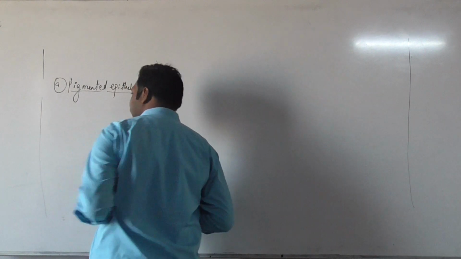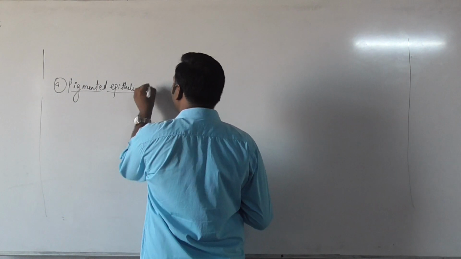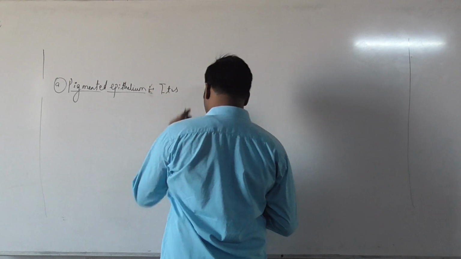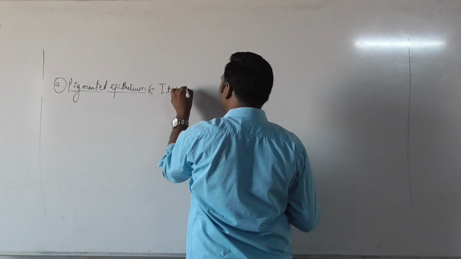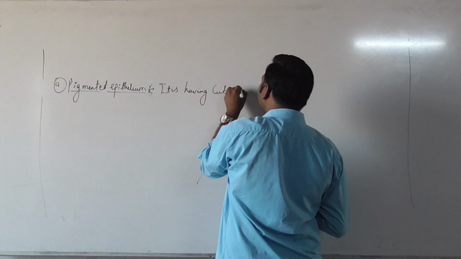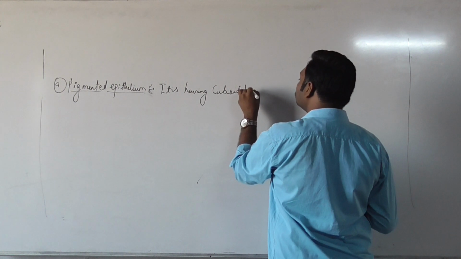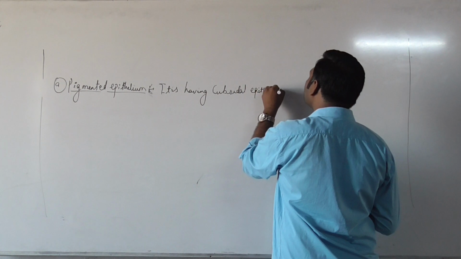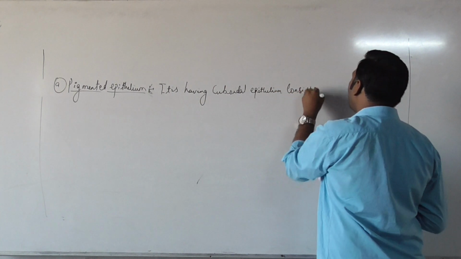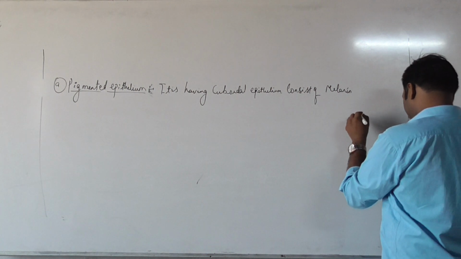What exactly does the pigmented epithelium consist of? The pigmented epithelium is made up of cuboidal epithelium, which consists of melanin pigment granules.